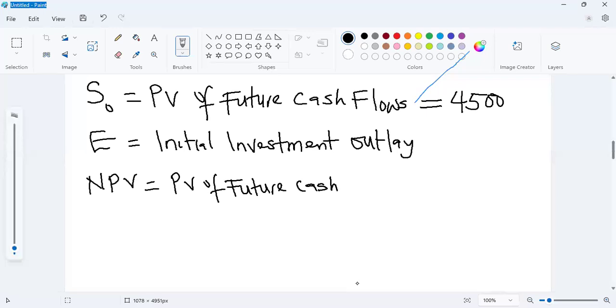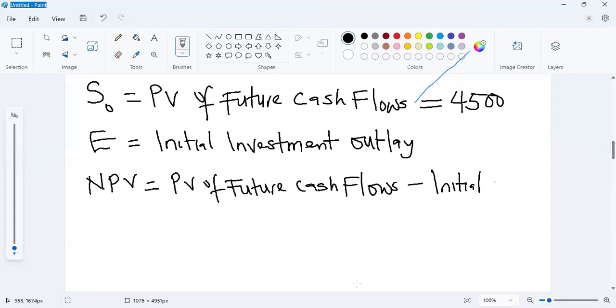NPV is equal to the present value of future cash flow minus initial capital outlay.